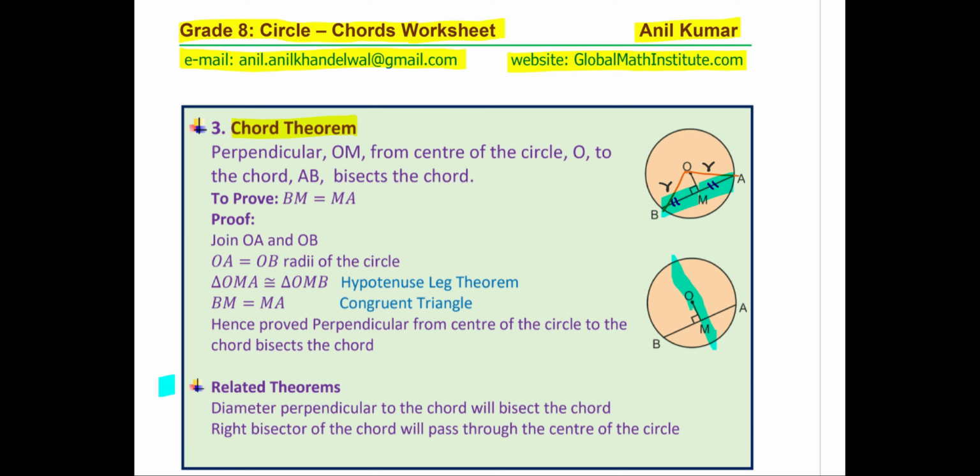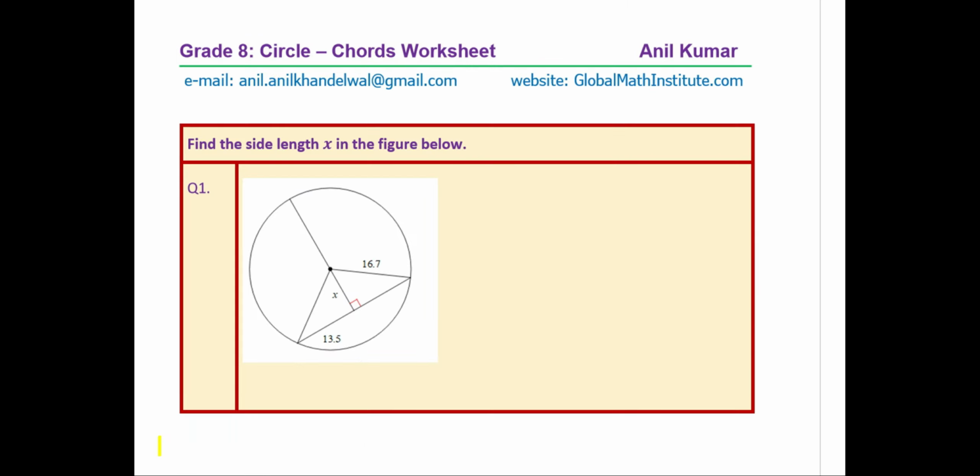The other way to look at it is that the right bisector of the chord will go through the center. You get the idea. Many different ways to look at it. Well, anyway, we have shown that if we draw a perpendicular from the center to the chord, it bisects the chord. Simple as that. Based on this, let us try to solve the questions now.